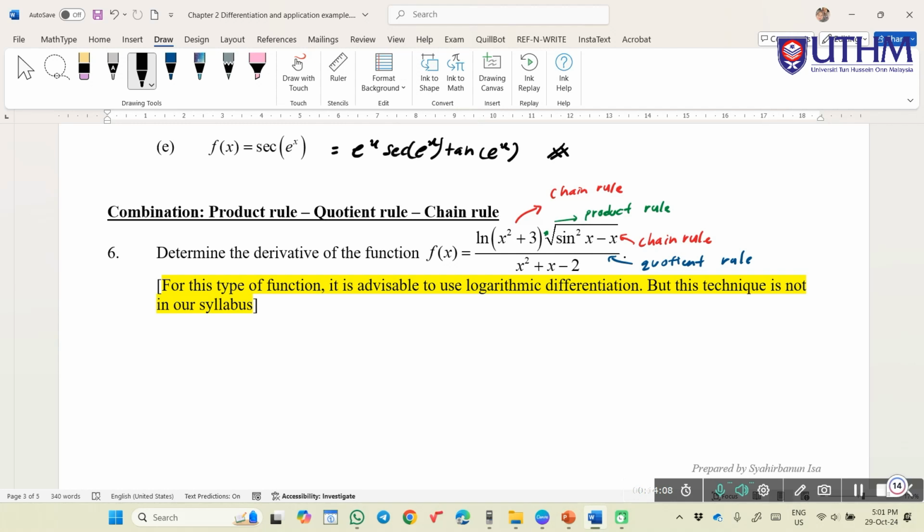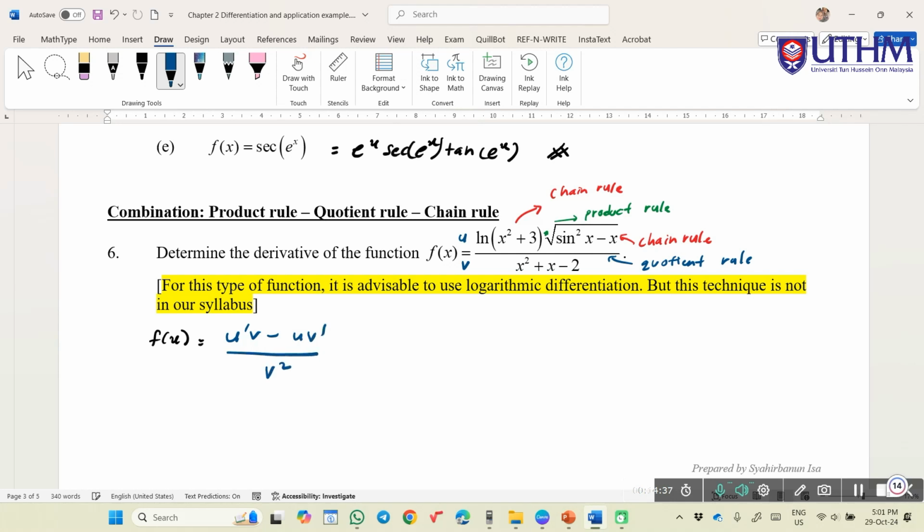First I will consider the quotient rule, because for the quotient rule we have u and v. Let's say we have our f(x). I will use the quotient rule: u prime v minus u v prime, divided by v squared.